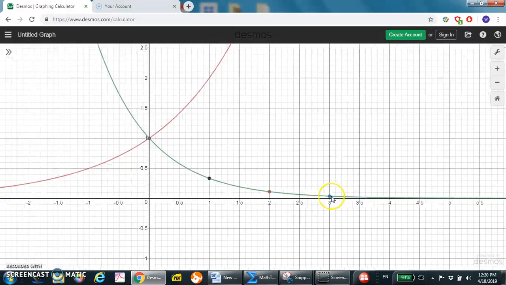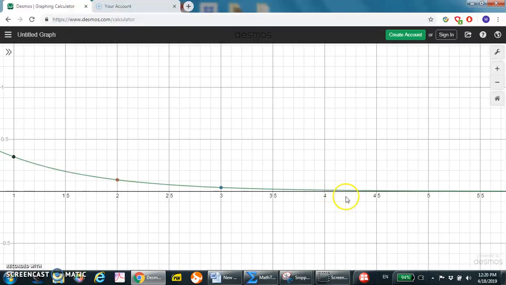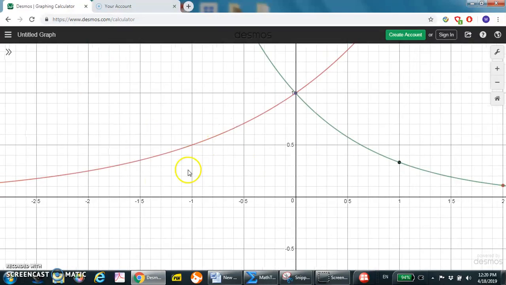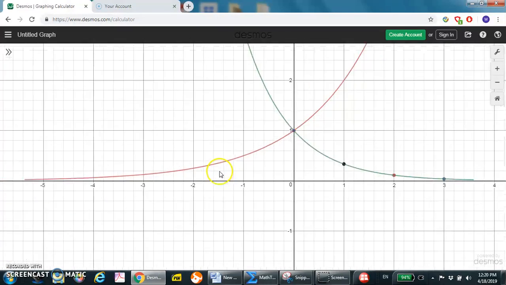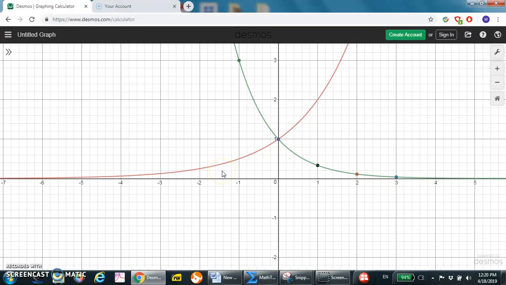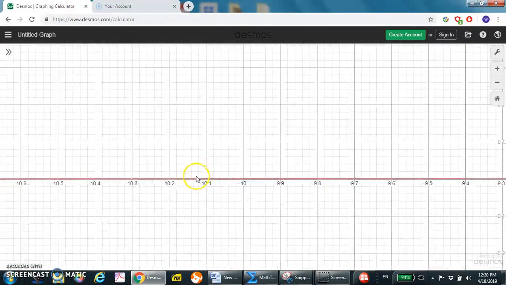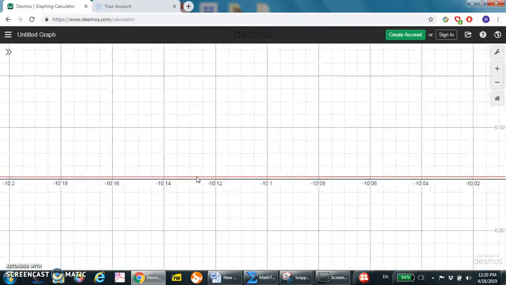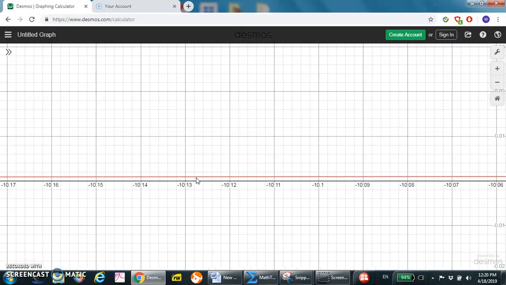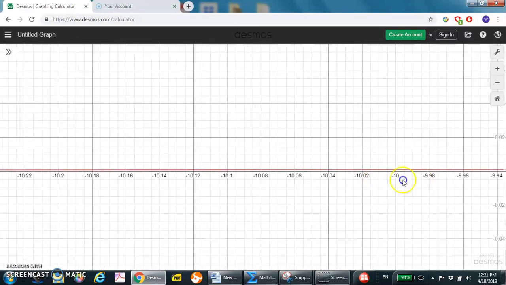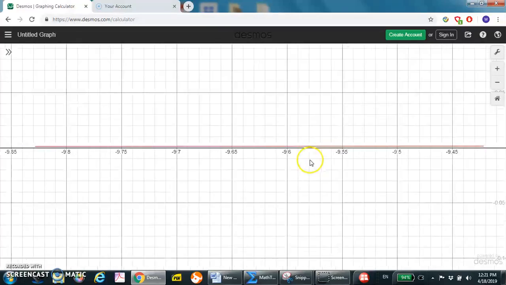Another thing in common is that both functions don't have any x-intercept, because if you look at the graph very closely, the graph will never touch the x-axis.